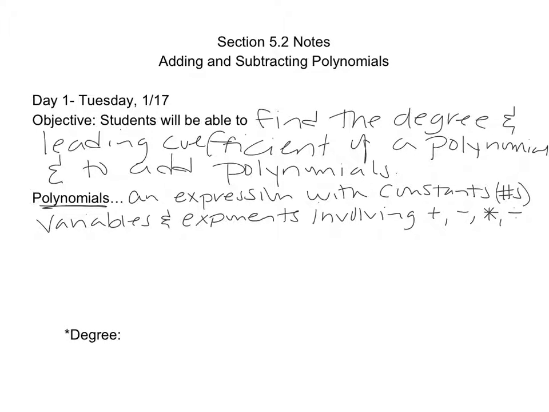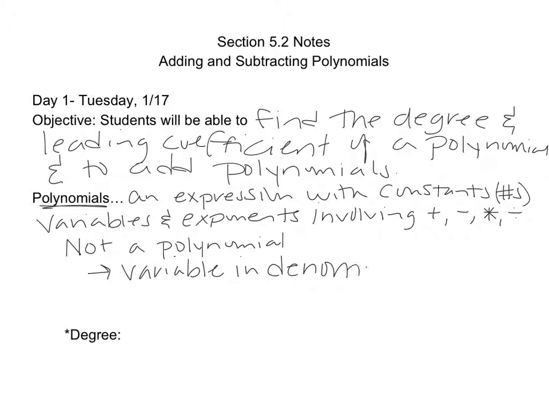So everything is a polynomial except an expression that has a variable in the denominator of a fraction. So for example, 2 over x is not a polynomial.